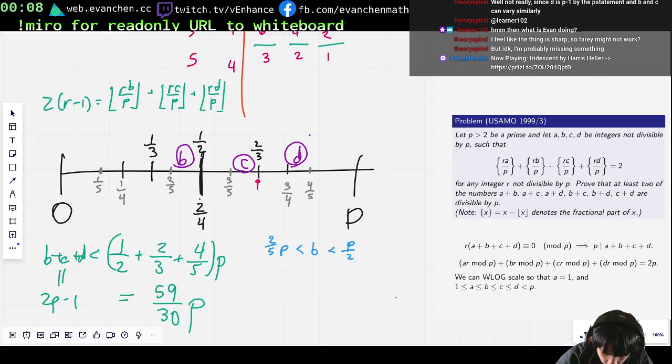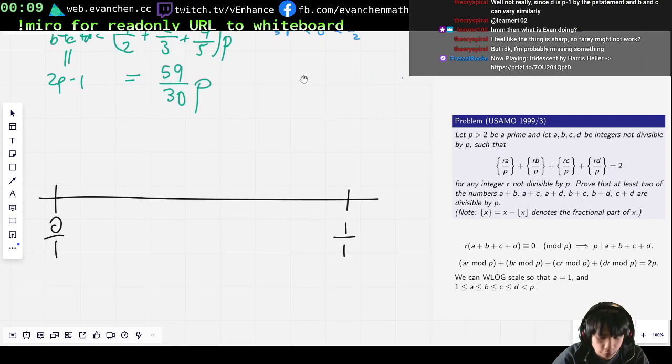So let's draw a larger example with 0 over 1, 1 over 1, and we're looking for B, C, D. So 1/2, we already know that B, C, D are somewhere in here. And then I look at 1/3, 2/3. And let's say that they're still on the right sides. So B is on the left of 1/3, C is... Okay, so 1/4.